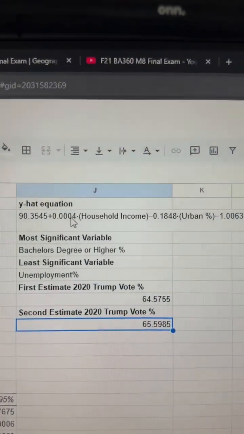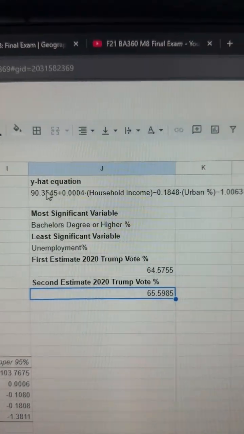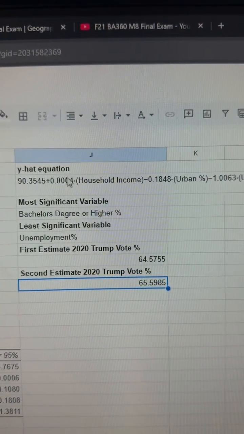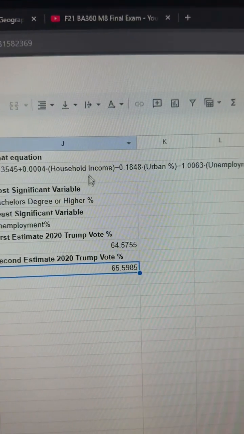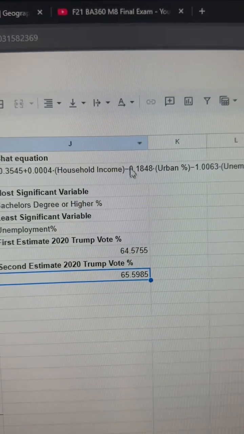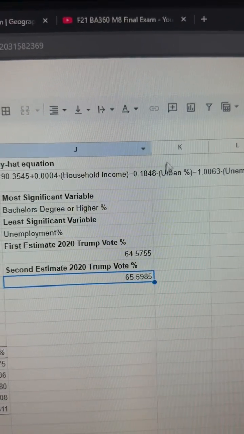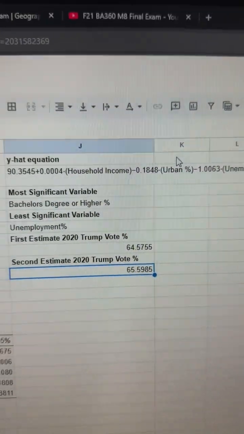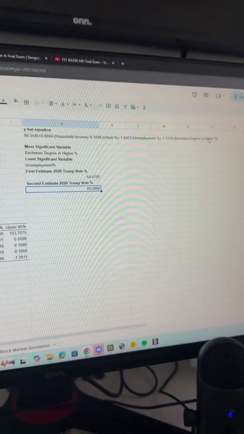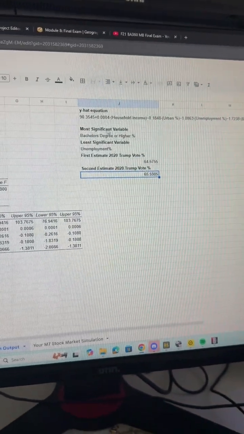First we have the intercept coefficient, and then we have the household income coefficient times the household income. Then that's going to subtract from the urban percentage coefficient times the urban percent actual number. And we'll do that for all of them, as you can see here.